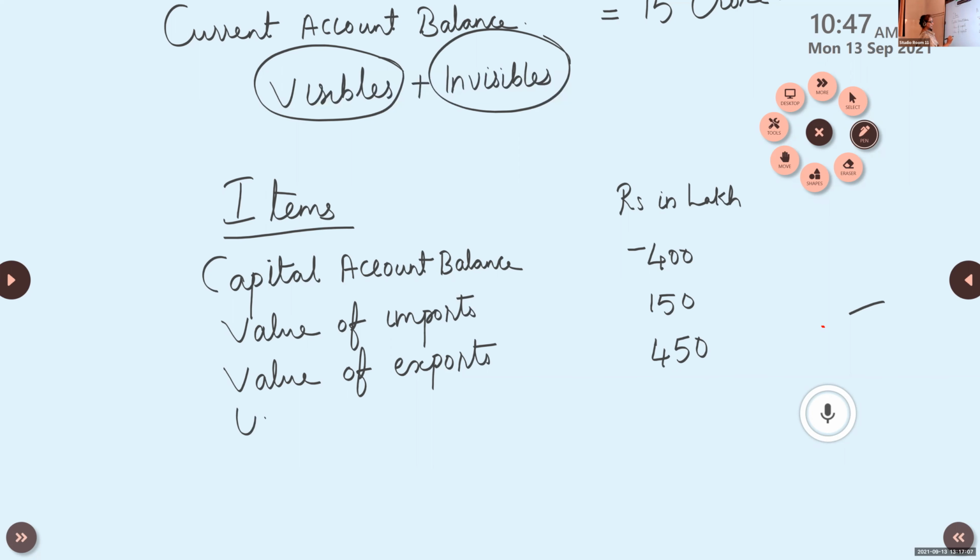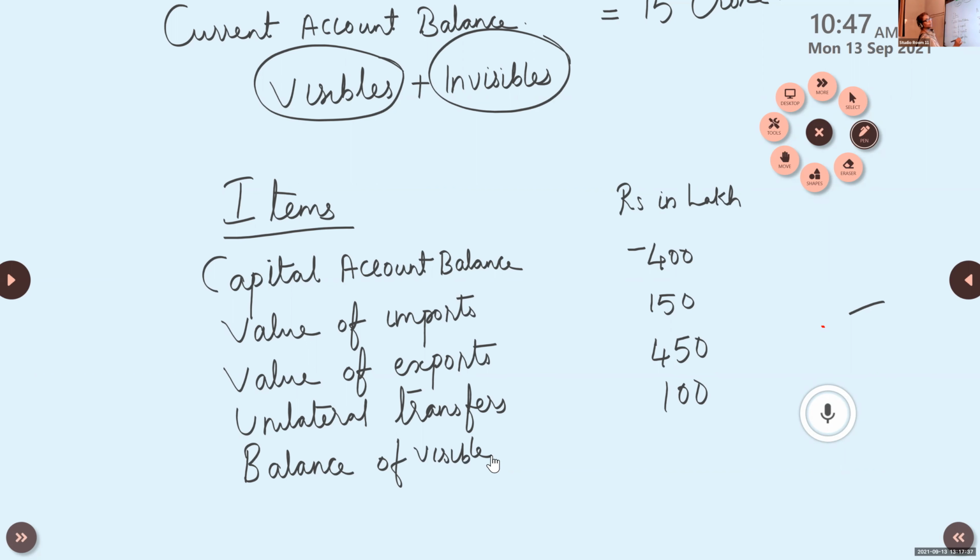Unilateral transfers, $100. Balance of visible trade, $200.